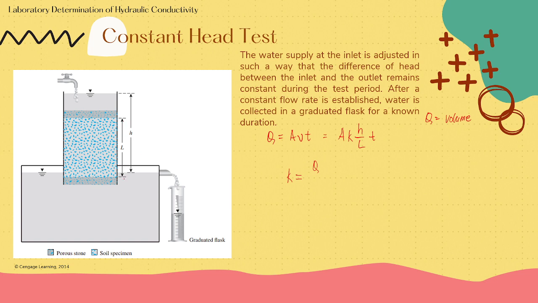This is okay because this is our direction of flow downwards, and L is parallel to the direction of flow. And the remaining variables: A is the area of the soil sample, H is the difference in head, and the time T.